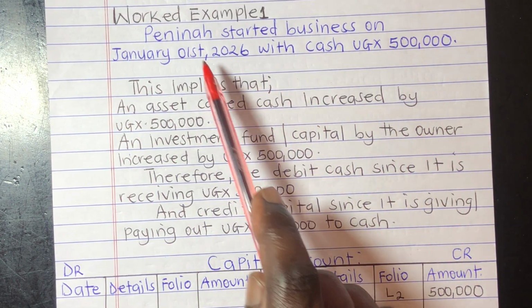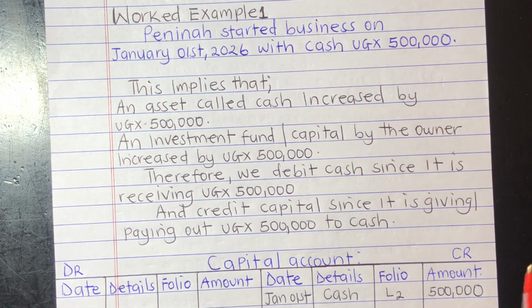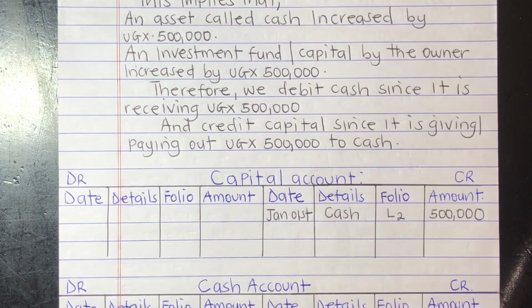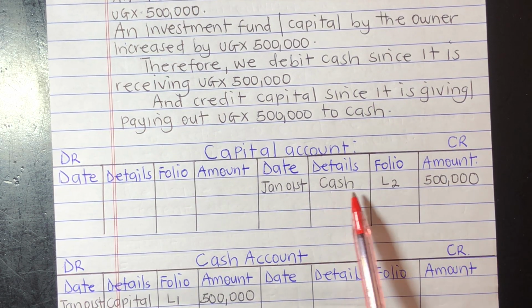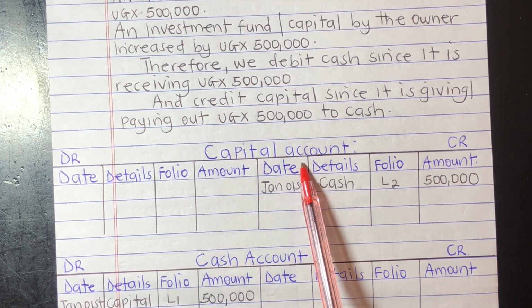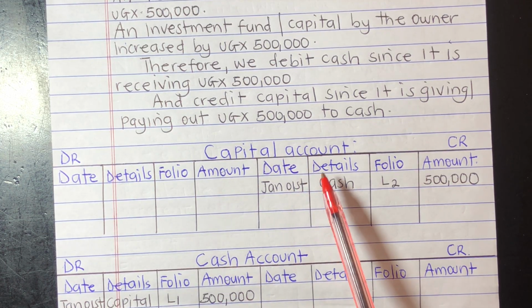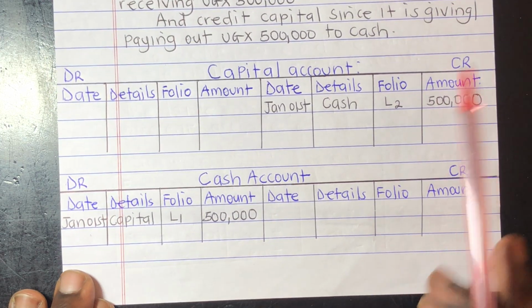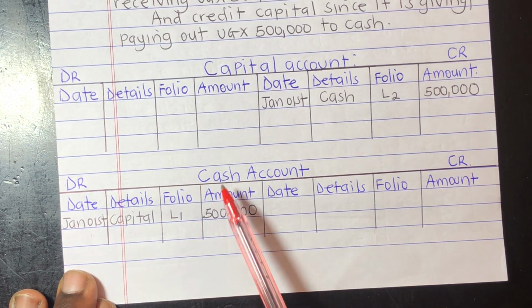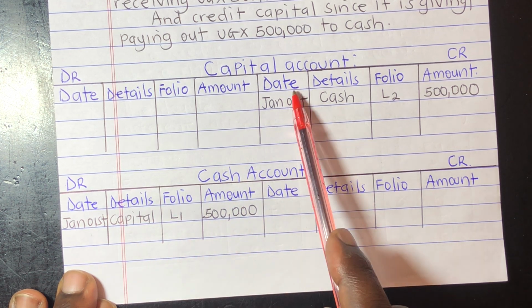So we are recording this same transaction, that Penina started business with cash. We are recording this 500,000 twice. So we credit it by recording it on the right hand side of the capital account, because the capital was giving out money to the cash account, as in it was reducing. In the same manner, we shall debit the cash account because it was gaining money from the capital account.